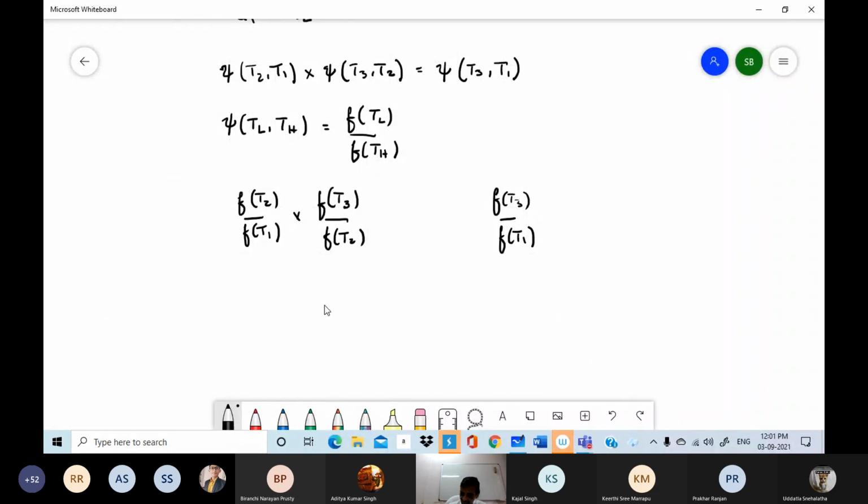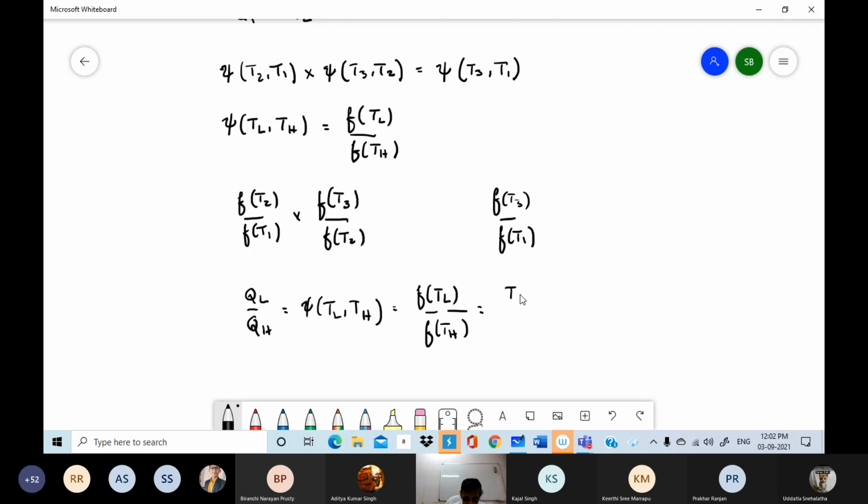Kelvin suggested that let us take a linear dependence, that QL by QH, which is your psi as a function of TL and TH, so that is equal to psi(TL, TH), which we said is this.